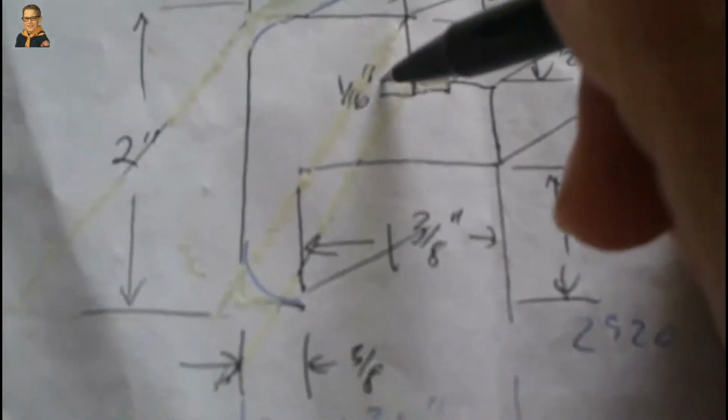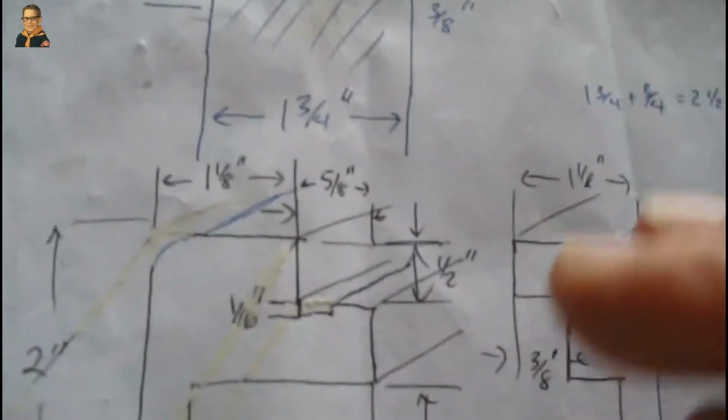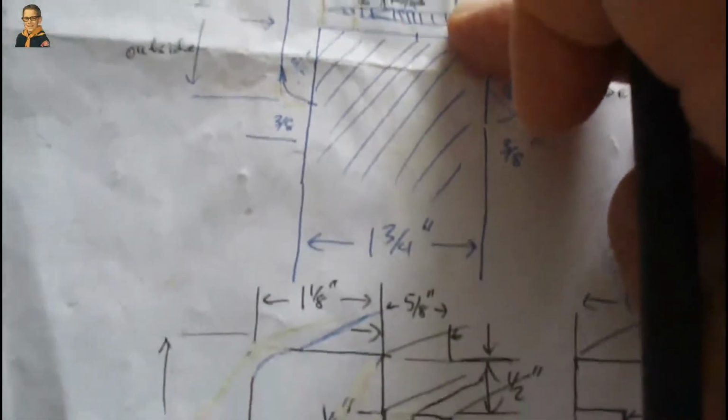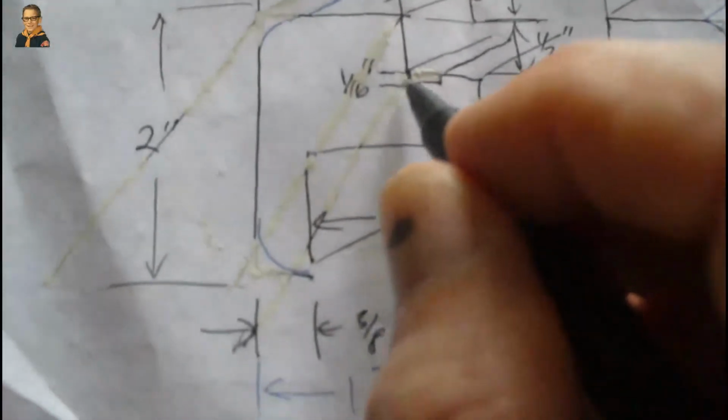It doesn't change this 1/2 inch dimension over here, but it does put a 1/16 inch gutter down here for the glass to sink into. One of these already has about 1/8 of an inch gutter in it, so it wouldn't hurt to put a little bit more. As you can see, here's the 1/16 inch gutter.